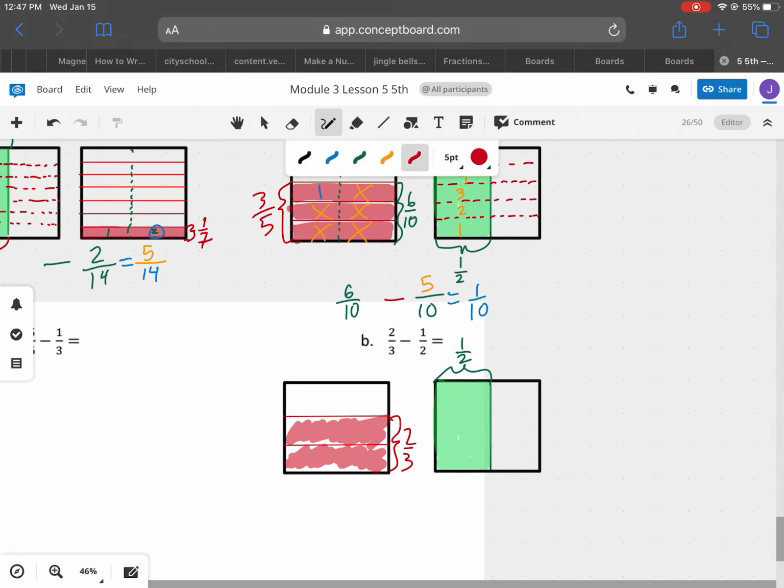Okay, so now we're going to cut this one in half. And that's going to create 4/6. Again, we have 1, 2, 3, 4 that are shaded in, and then we have 5, 6 total. That's how we know it's 4/6.